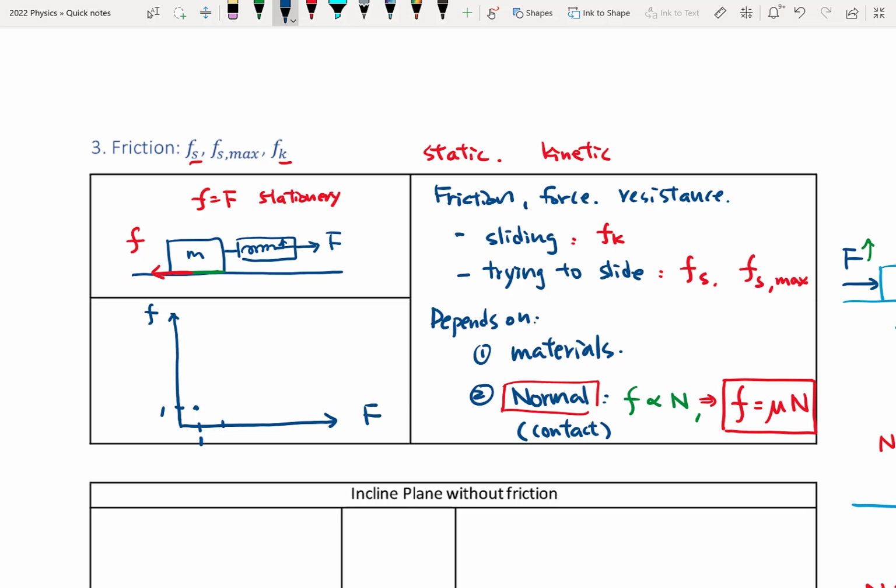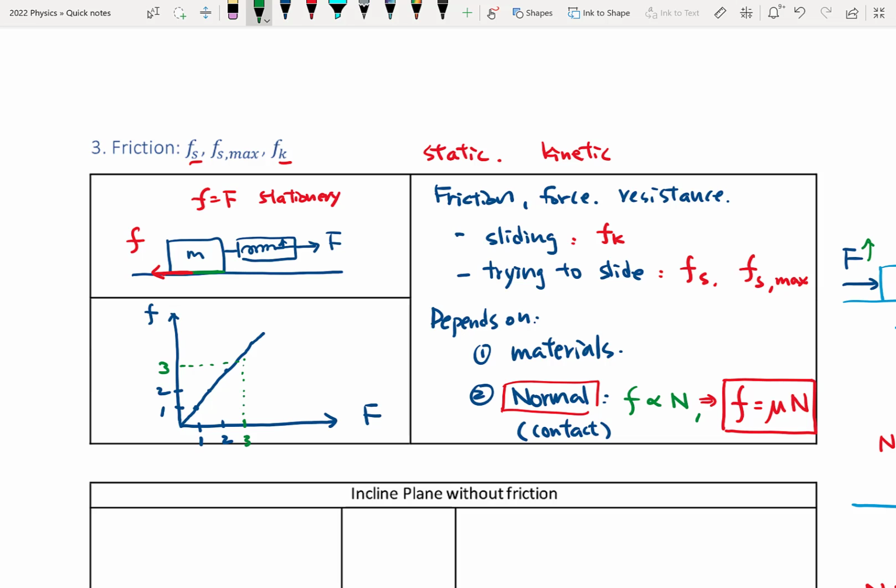Similarly, if you apply 2 Newtons and the object is still not moving, the static friction will be 2. So they are proportional to each other, giving a straight 45-degree line. As you gradually increase the force, the friction becomes bigger.